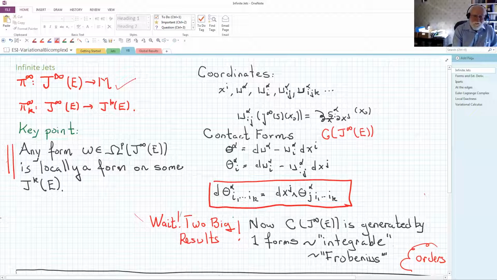This is really all we need to know: any form on the infinite jet space is locally a form on some finite jet space, formally pulled back to the infinite jet space if you want. So forms, functions, Lagrangians, conservation laws, anything we're going to be interested in, on the neighborhood of every point looks like a function on some finite dimensional jet space.